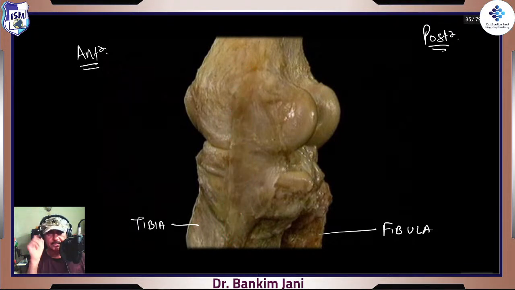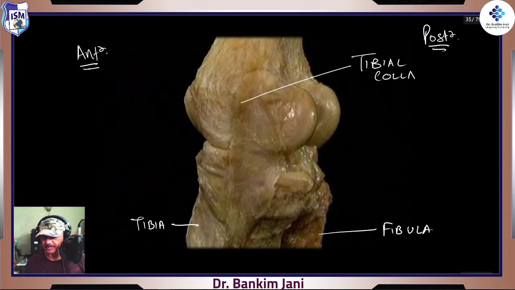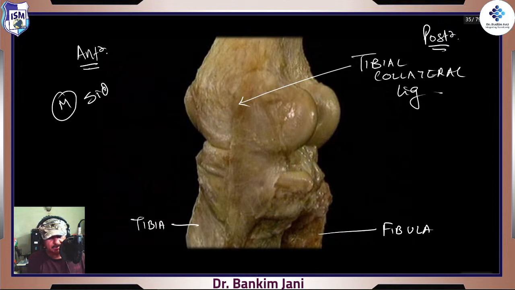This is the tibial collateral ligament. Now there is a difference between the tibial collateral ligament and the fibular collateral ligament. Obviously this is the tibia, so we are dealing with the medial side, right? In case there is any confusion, these are the medial side.